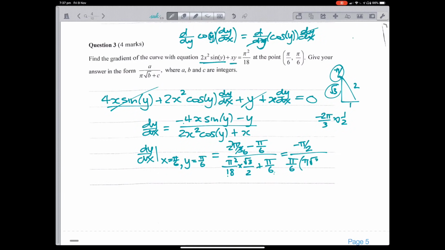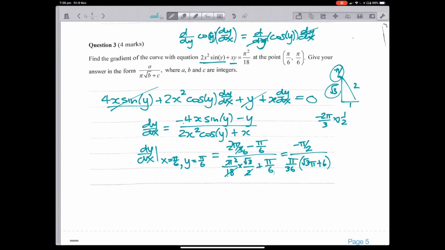No, let's take out a 36. So pi on 36. So here we get pi on 36, and one of those pi's. So I get root 3 pi and then plus 6. If that makes sense. Because I took the pi out.